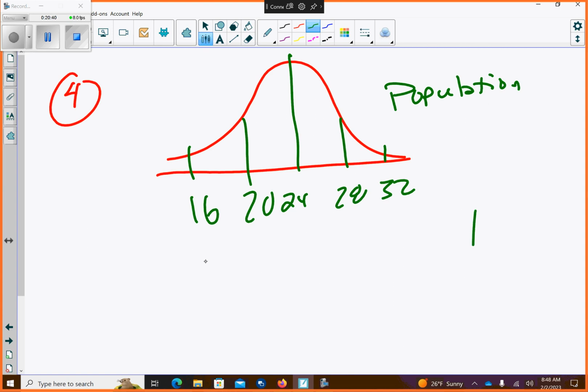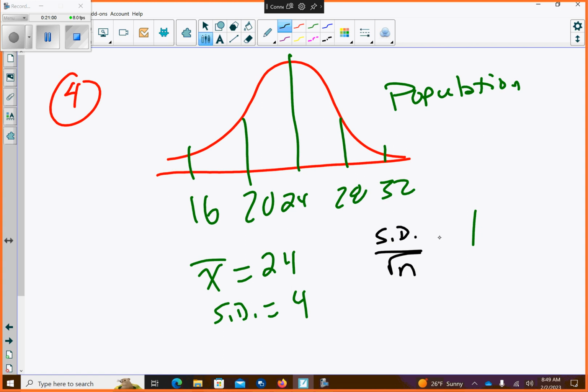So if I know that my mean that was given was 24 and my standard deviation of the entire population was this, even if I said, oh, well, I'm going to use that new equation, the standard deviation divided by the square root of n, well, look what takes place. I'm going to do my standard deviation divided by the square root of 1. The square root of 1 is 1, so I get my standard deviation back. Okay, so it doesn't change at all.